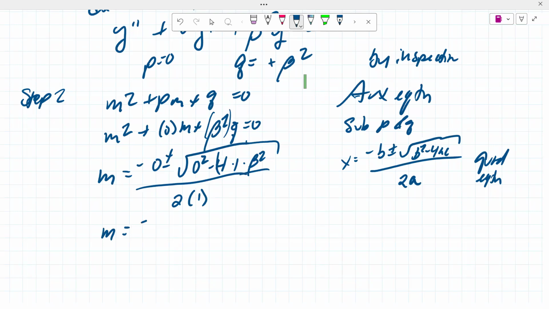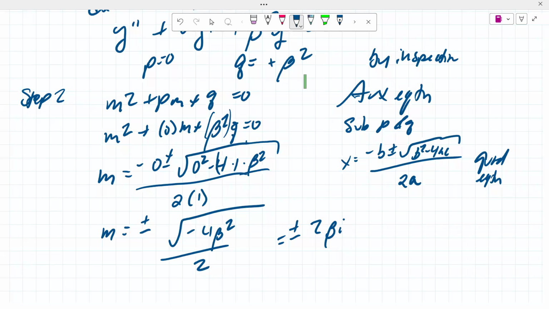And equals plus or minus. Now we're going to need to solve this thing. Okay, so negative 4 beta squared over 2 equals plus or minus 2 beta i over 2.